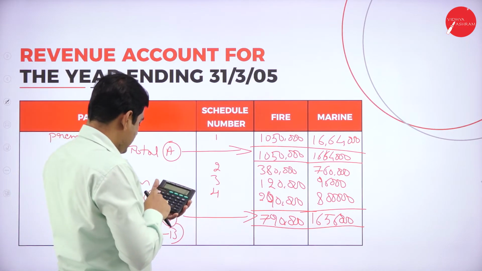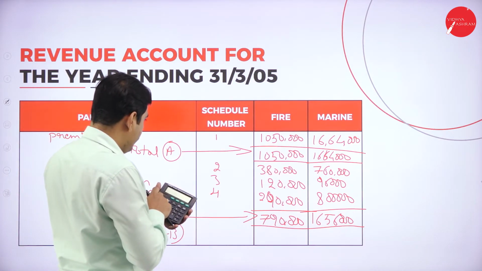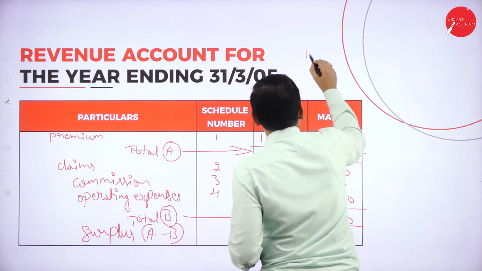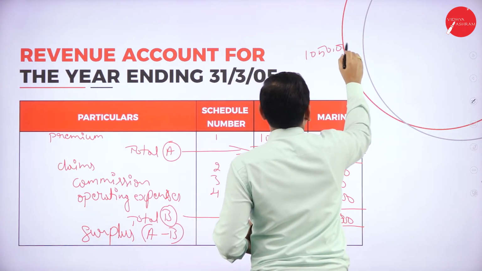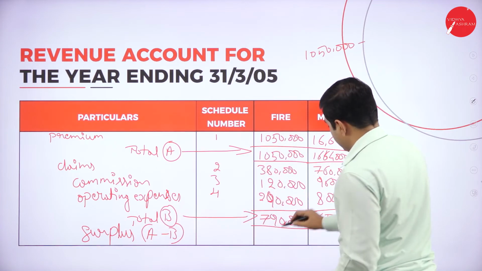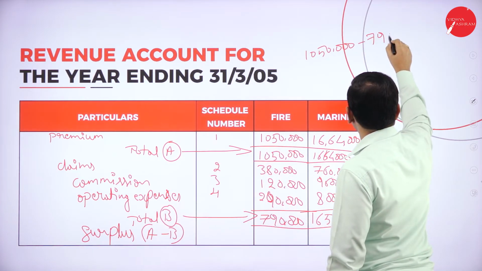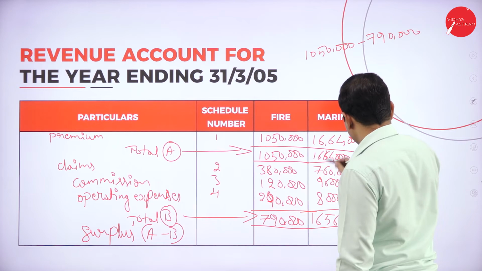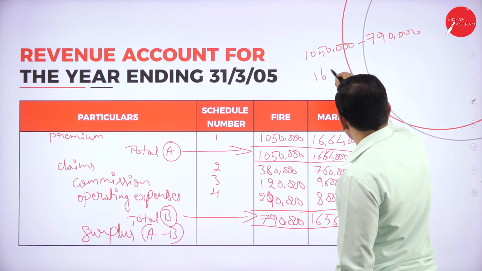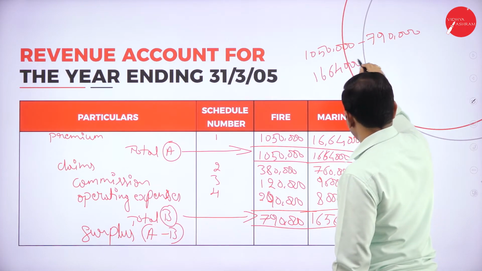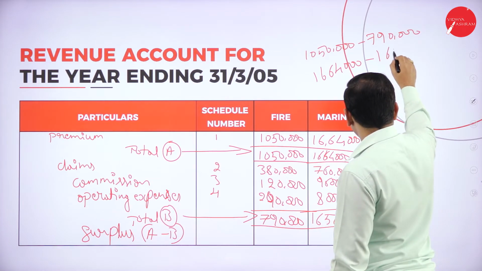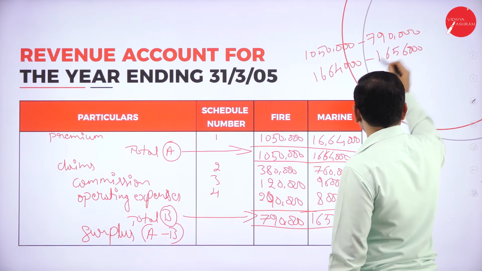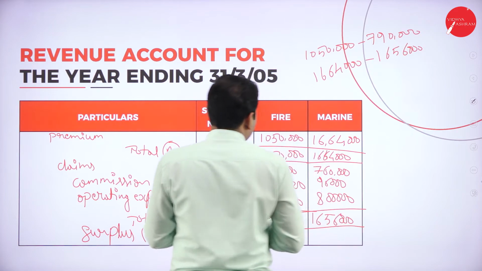So it is 10,50,000. So like this, see, 10,50,000 minus this one 7,90,000. Here also 16,64,000 minus 16,56,000. So we'll get the surplus. Difference amount is surplus.